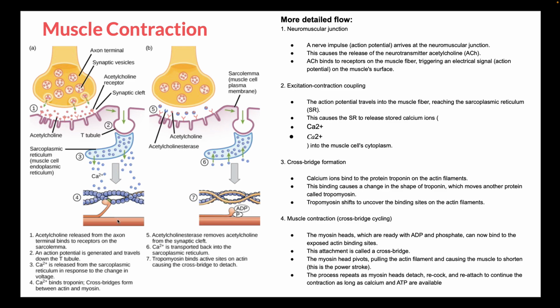So once another ATP binds again to the myosin head, it will cause the myosin to detach from the actin.